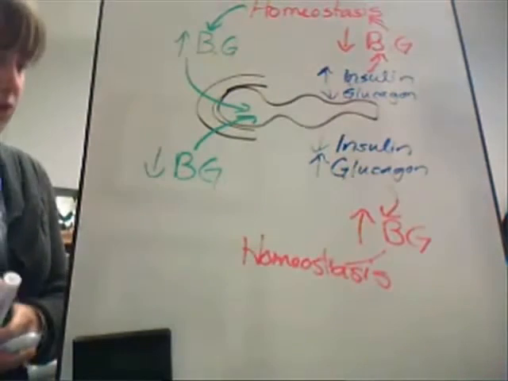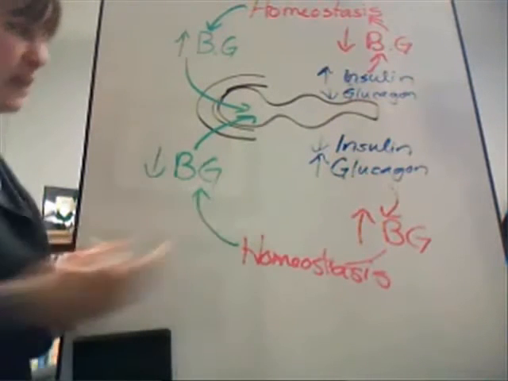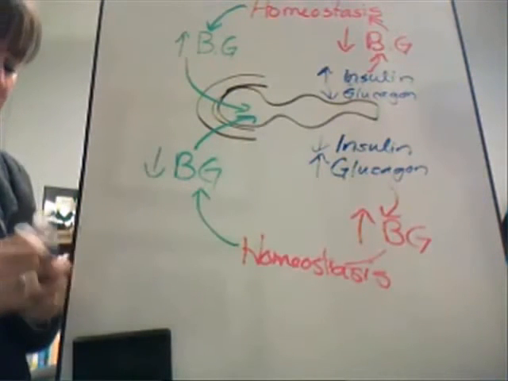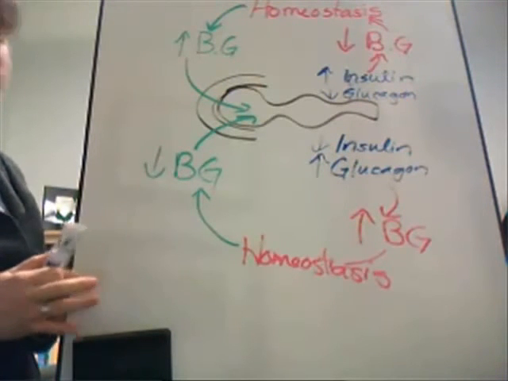And then anytime those blood glucose levels fall again away from homeostasis, that's going to kick in the secretion of glucagon. So we've got basically a figure-8 shape here.